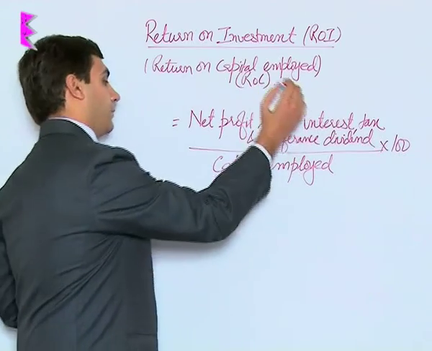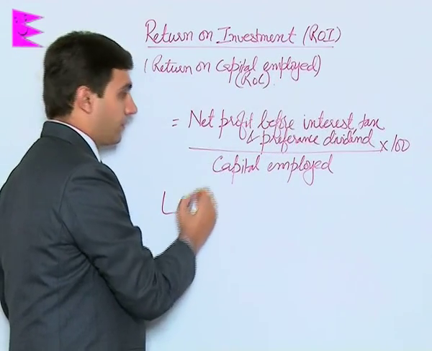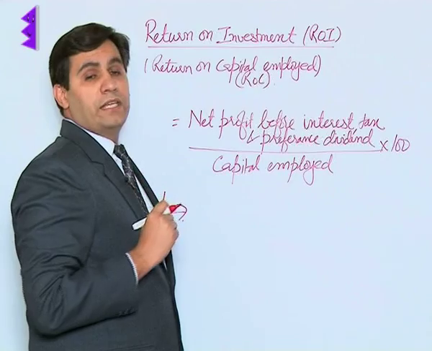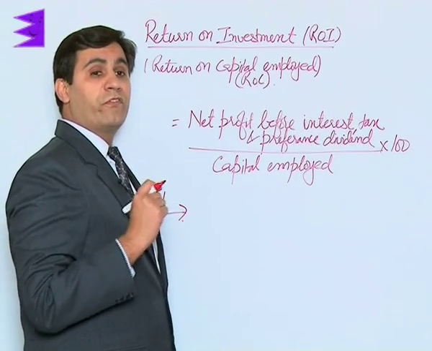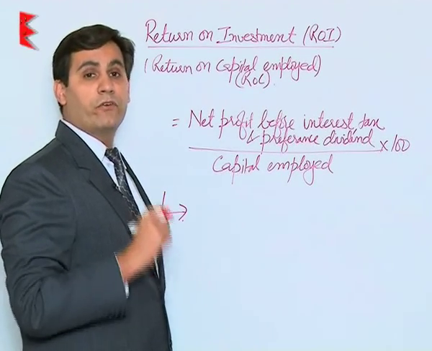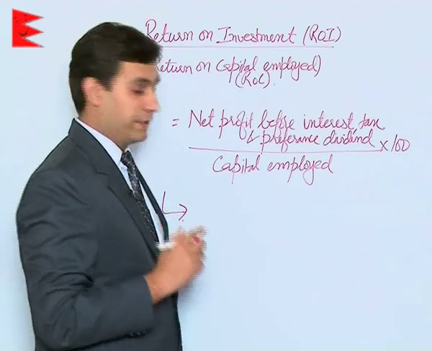Now students, what does this ratio tell us? This ratio gives us a clear indication of the profit margins or the returns that a business is able to generate for every rupee invested.